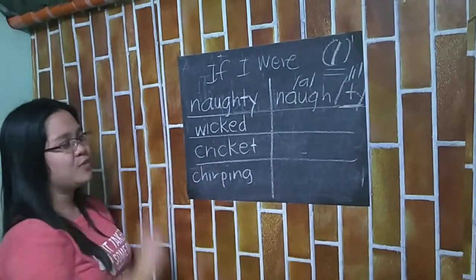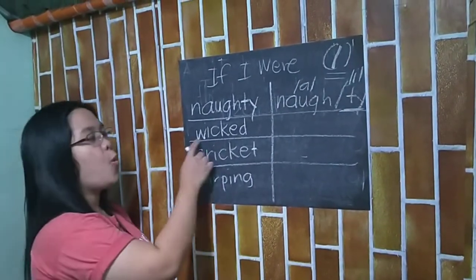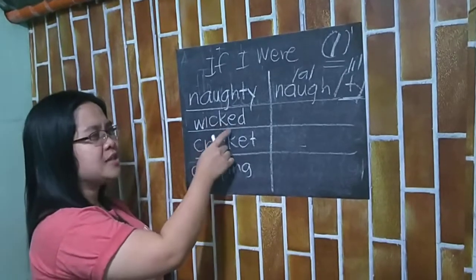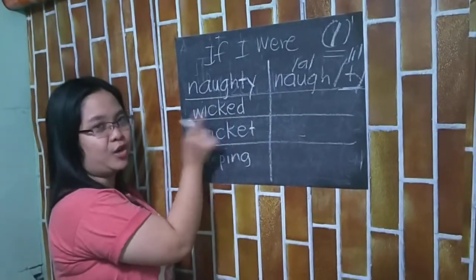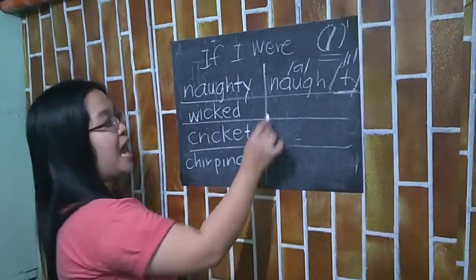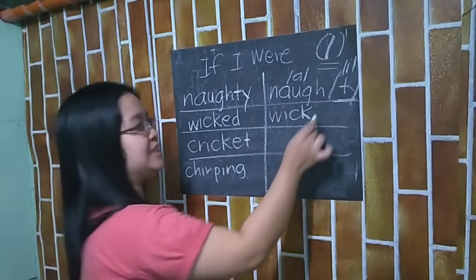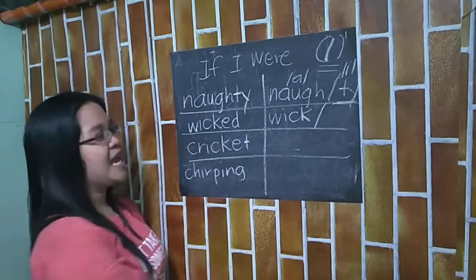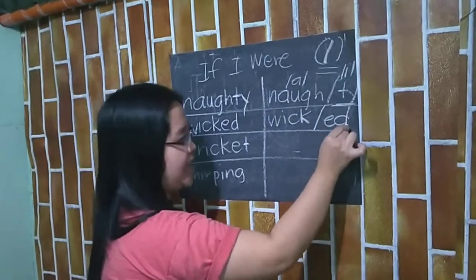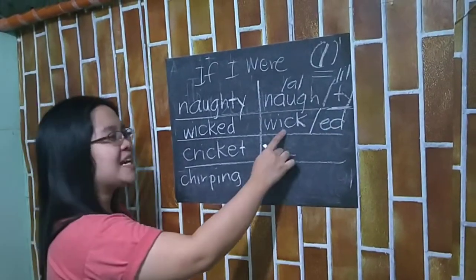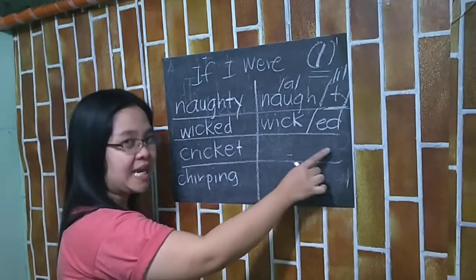Now let's proceed with our next word, wicked. So what could be the parts here on the word wicked? So we have wick. Don't forget to put the slash in between. And we have ed. Okay? Wicked.